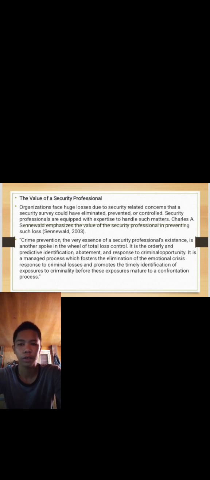Organizations face huge losses due to security-related concerns. A security survey could have eliminated, prevented, or controlled these losses. Security service professionals are equipped with expertise to handle such matters.